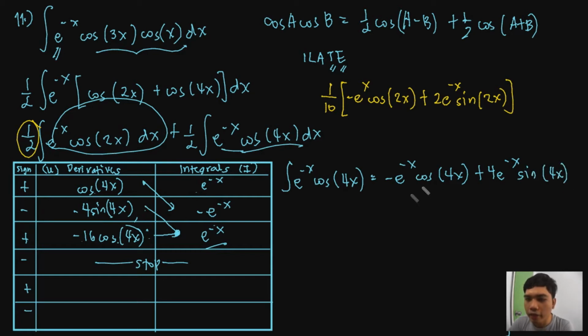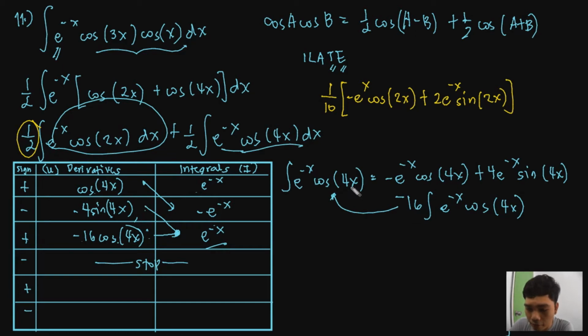Okay, and then finally we have the negative, diba, minus the integral of e raised to negative x, or 16. So, minus 16 the integral of e raised to negative x cosine of 4x. Okay? So, I'll be transposing this. So, you'll be having 1 plus 16.